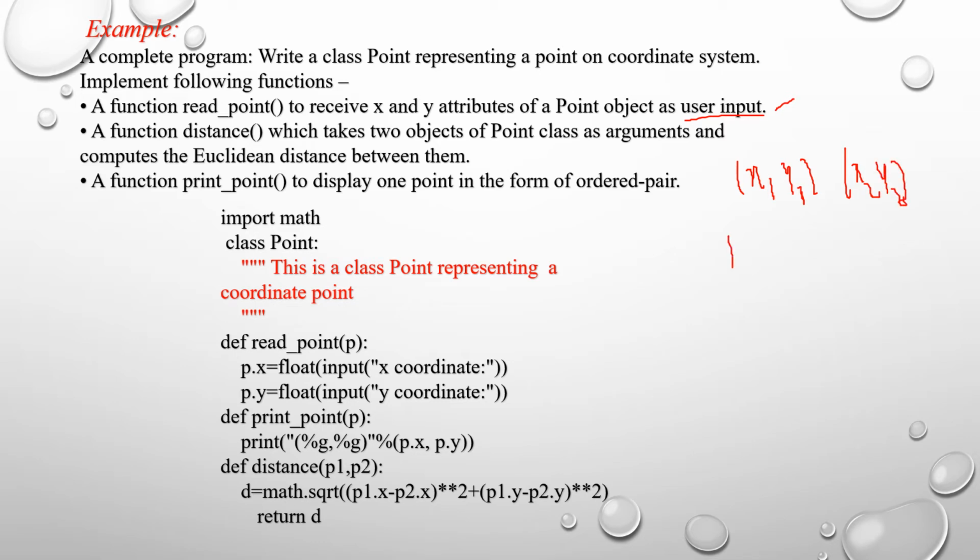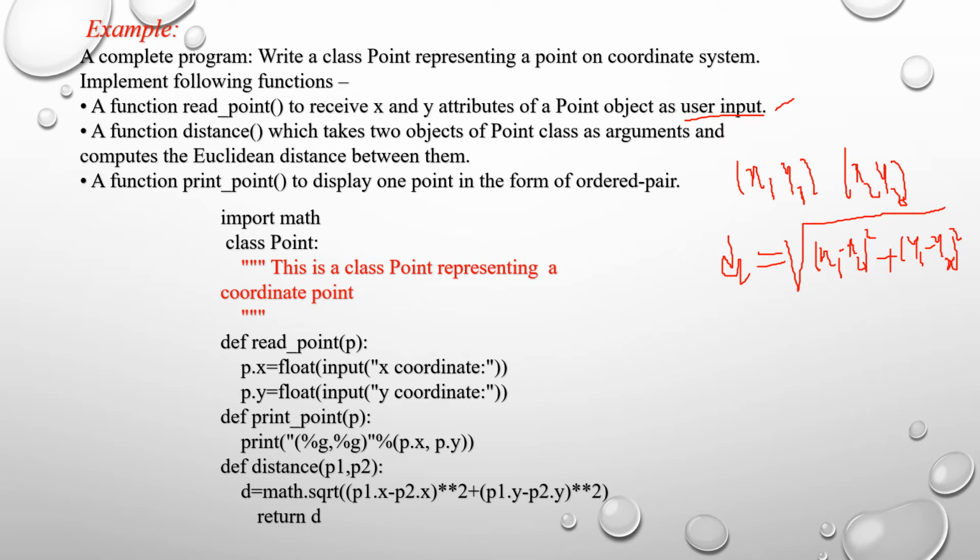So the distance d is equal to the root of (x1 minus x2) whole squared plus (y1 minus y2) whole squared. So this is the formula for Euclidean distance. This is the second task.